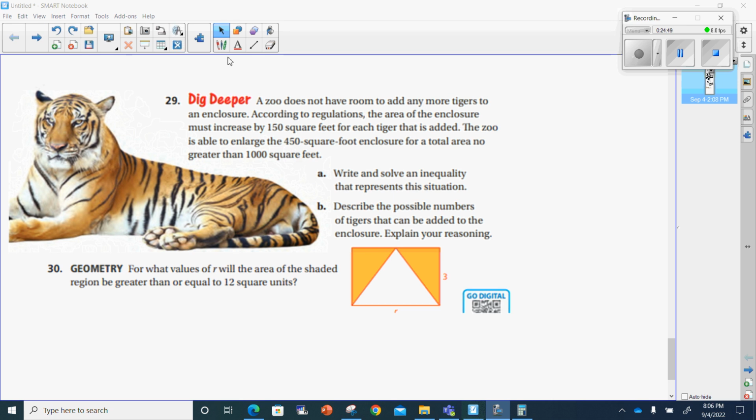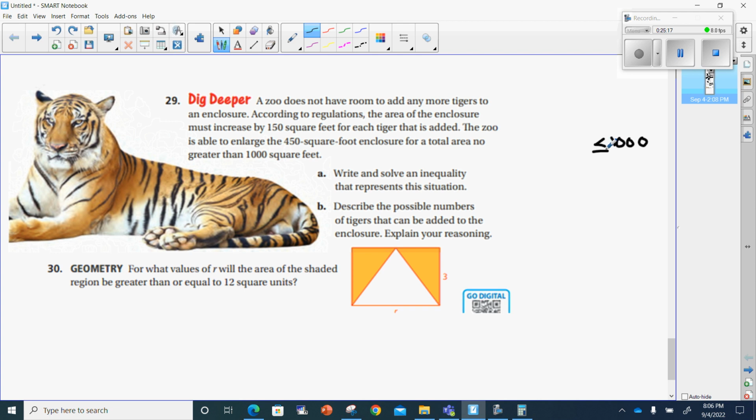All right, so when we look at this, we see that, according to the regulations, the area of the enclosure must increase by 150 square feet for each tiger that is added. The zoo is able to enlarge a 450 square foot enclosure for a total area no greater than 1,000. So no greater than, that means 1,000 has to be the biggest, right?